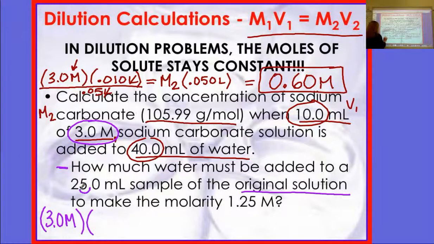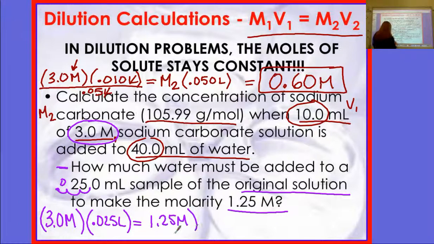I'm adding it to 25 milliliters, or 0.025 liters. To make the final molarity, I know this is M2 because this is less than M1, and I don't know my final volume. I need to figure out how much water to add.